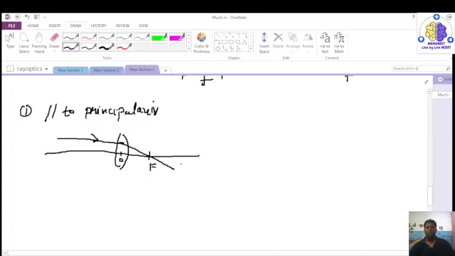Similarly, for a concave lens, this is the optical center and this is the principal axis, and the light ray traveling parallel to the principal axis will refract as if it was coming from the focus.